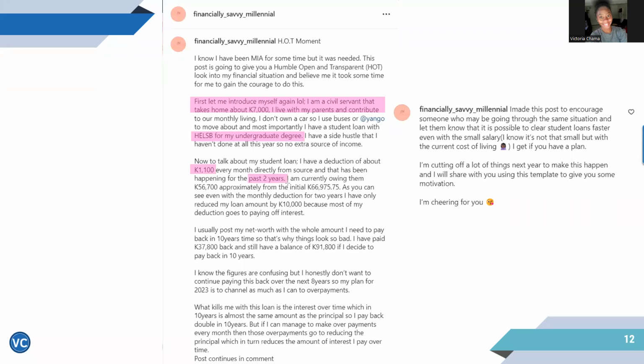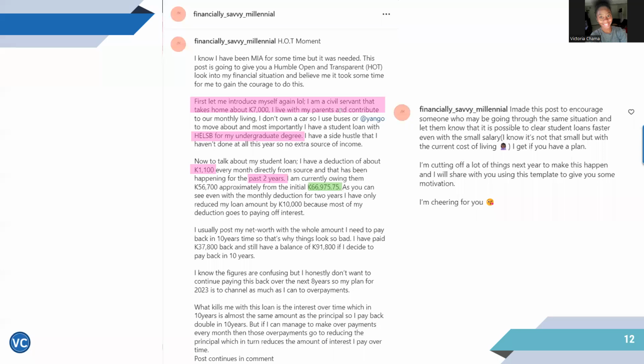And that's approximately, how much is that? I think I have it calculated in the posts that follow, but about 26,000 so far. And the money that she actually borrowed to take this undergraduate degree was exactly 66,975 kwacha, 75 ngwee.